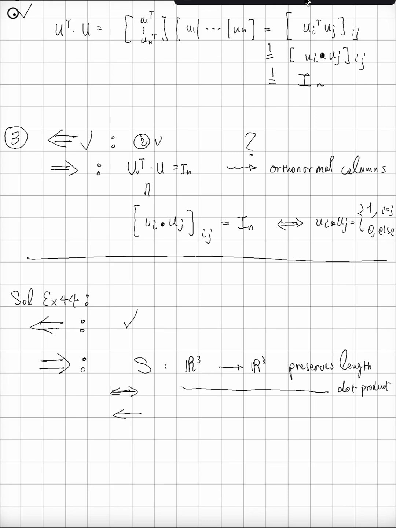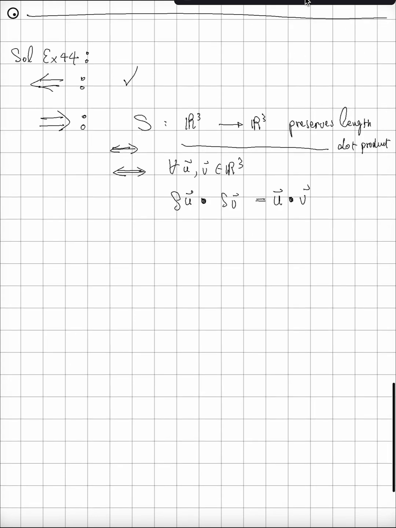And so this is equivalent to saying for any u and v, Su dot product with Sv equals u dot product with v, right? This is our observation. And then this is saying Mu dot product with Mv equals u dot product with v.